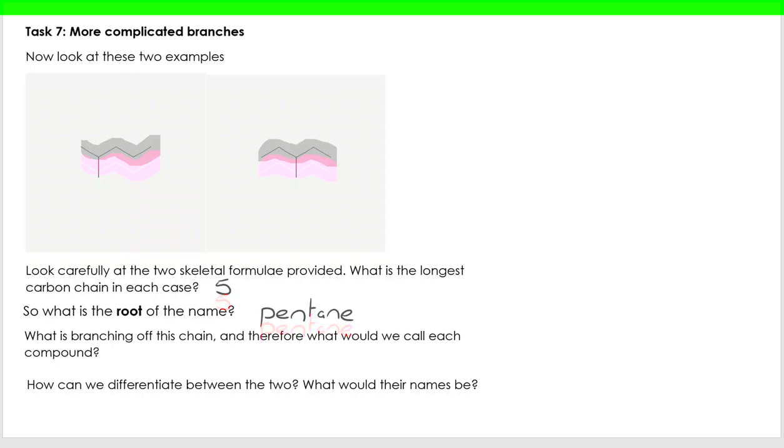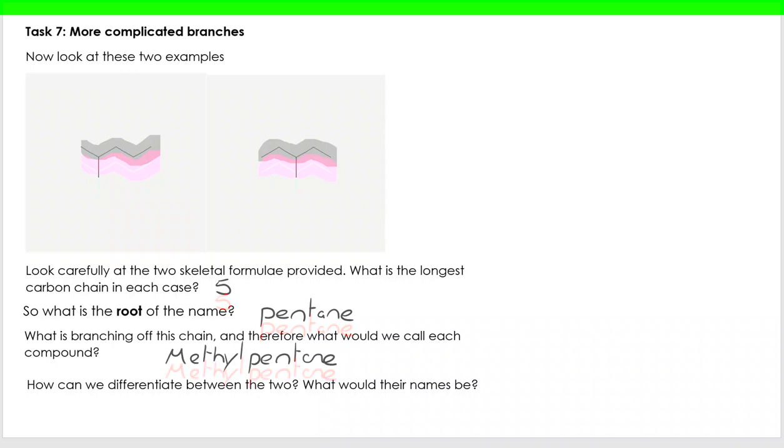So the root of the name is going to be pentane. The branching that's coming off is a single CH3 in each case. As we discussed in the previous example, that means that it's methyl pentane.